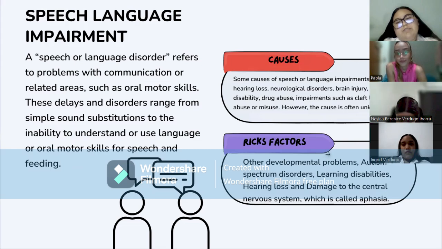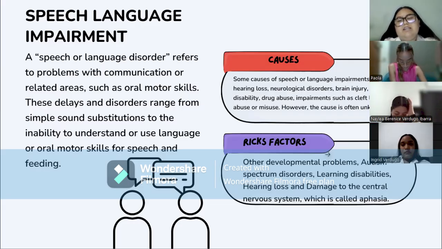Some causes of speech or language impairments include hearing loss, neurological disorder, brain injury, intellectual disability, drug abuse, impairments such as cleft lip, and vocal abuse or misuse.